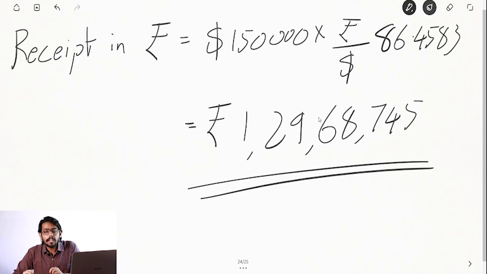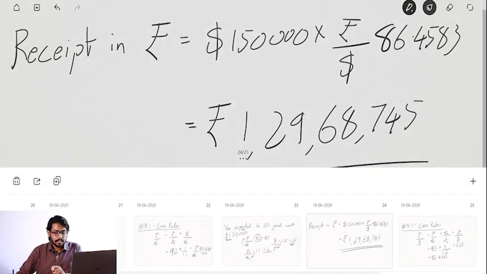That is your receipt in rupees. Got it? Pakka? So that is done with cross rates.